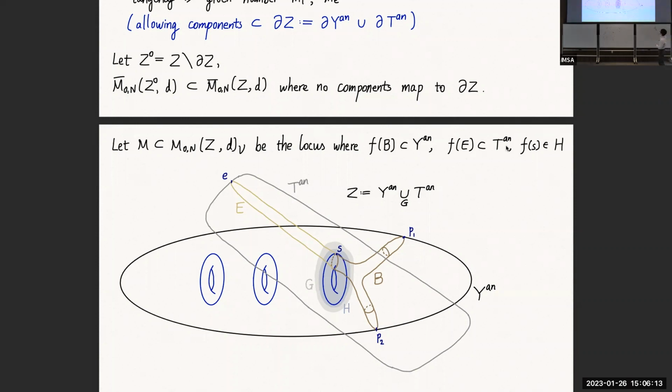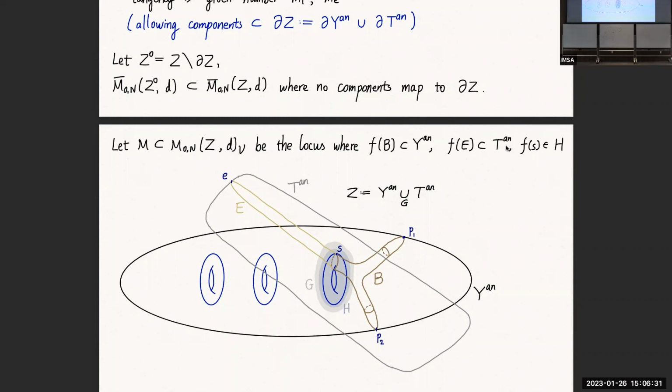We want the body to go to Y, the end to go to T, and the marked point to go to H. Here, G is the locus we consider, and H is a slightly smaller locus in G.